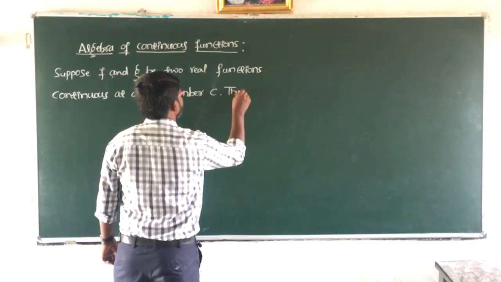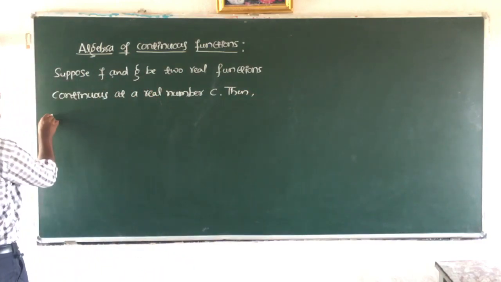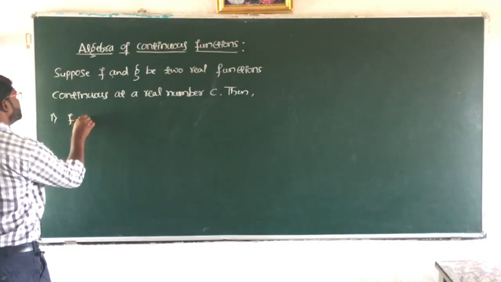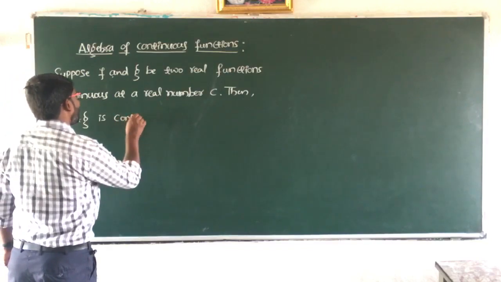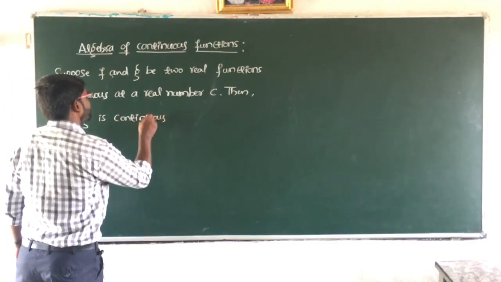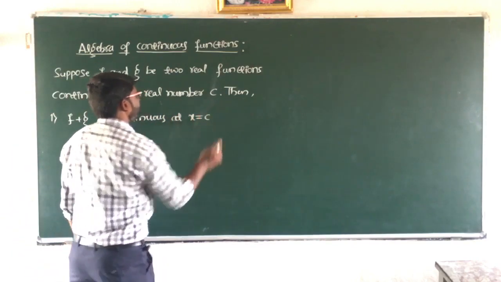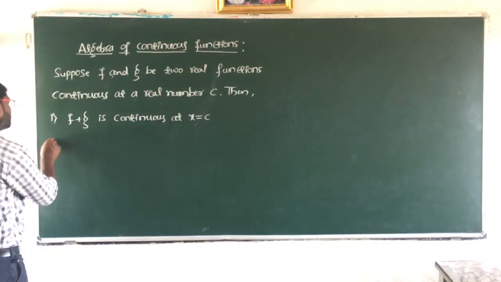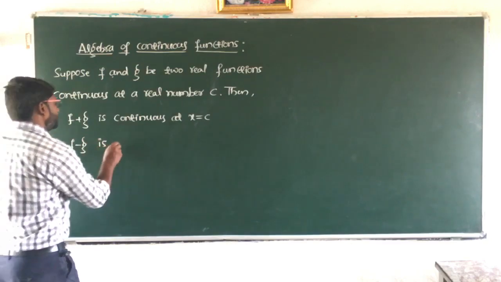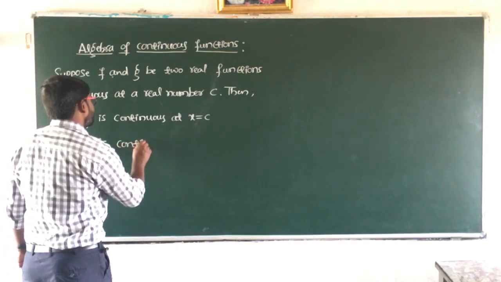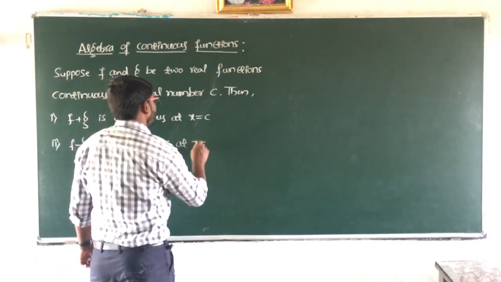Then, number 1, f plus g is continuous at x equal to c. Then next one, f minus g is continuous at x equal to c.